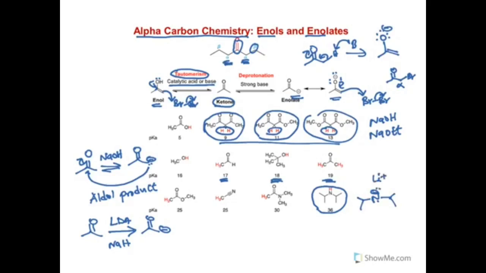So we call it lithium diisopropylamide. That is the amine which has lost a proton. So we can use the LDA, or we can use sodium hydride to be able to deprotonate some of the compounds that have higher pKa's.